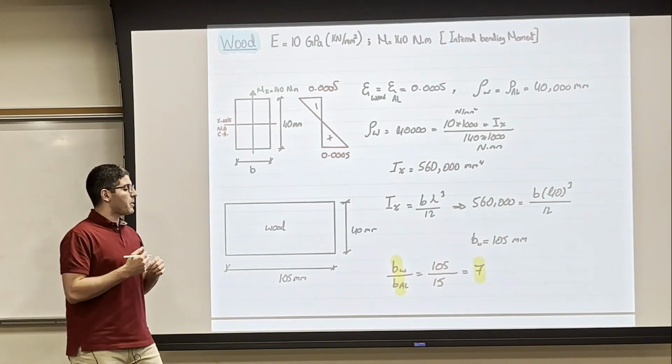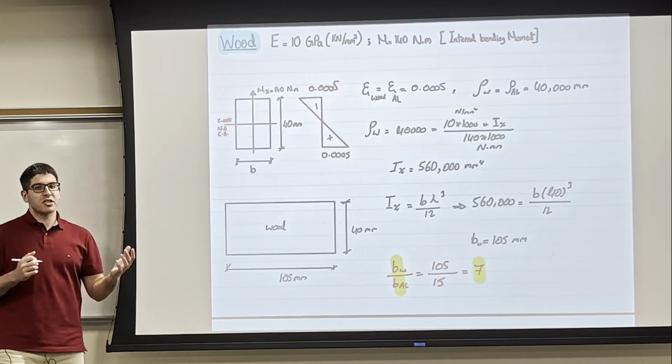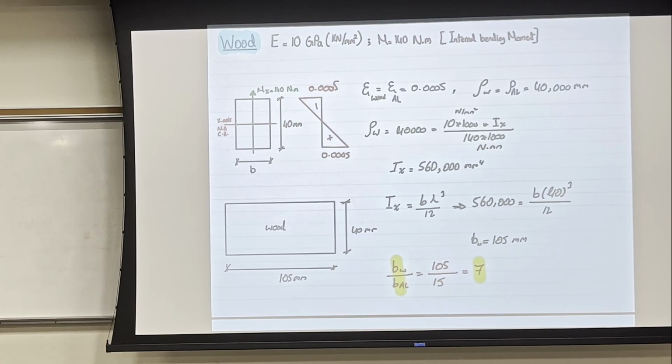Okay? But here comes the question. We changed the cross section as obviously what you see here, but now, will these two equivalent beams have the same stresses? Let's find out.